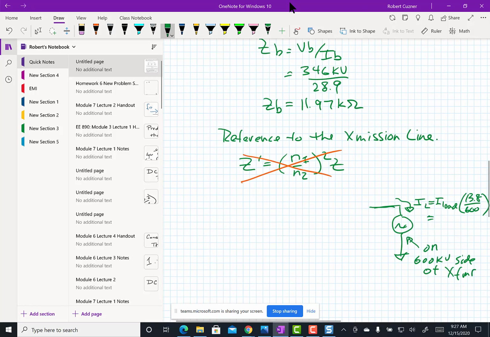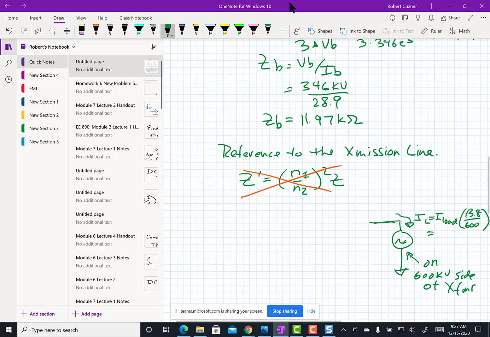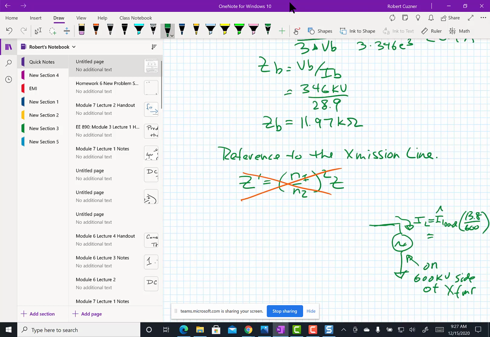Now, the other thing is if I go down, this is also a phasor, see? So there's an angle to it. There's got to be an angle here. It's the power factor angle, because it doesn't matter whether you're a delta Y or a Y delta. If you do the line current going into the load with the power factor, and then you find the line current on the other side, you're going to preserve the power factor angle.